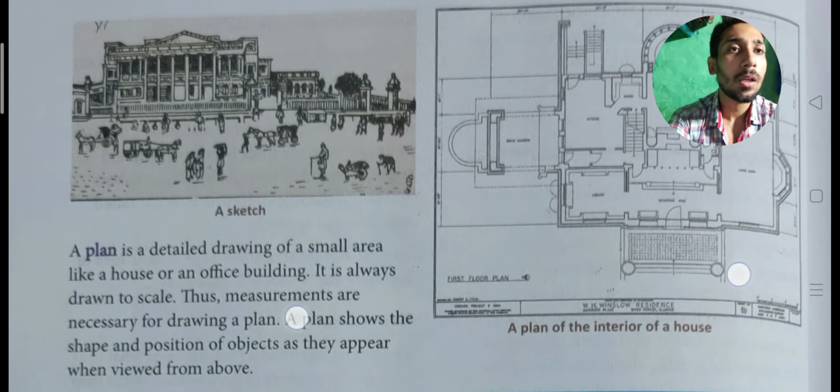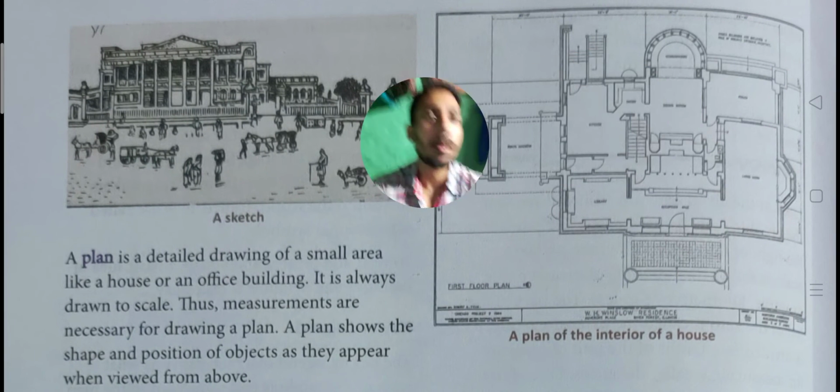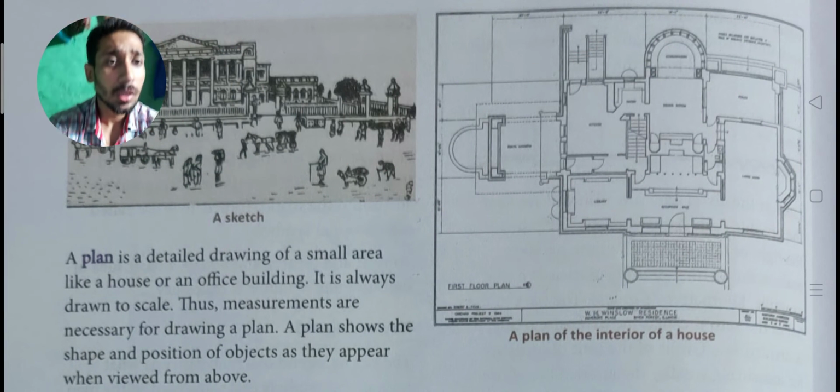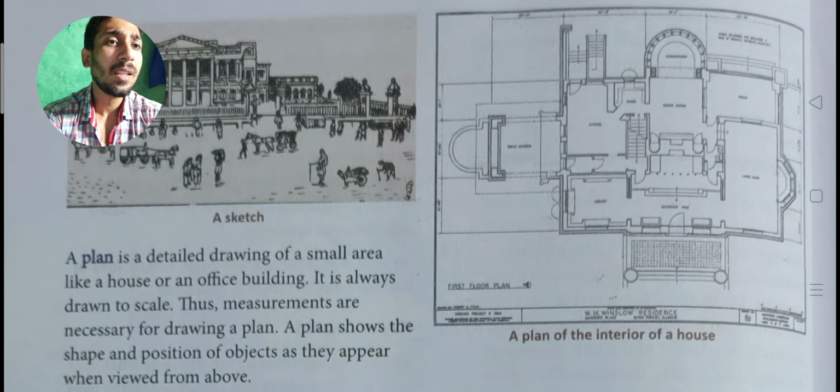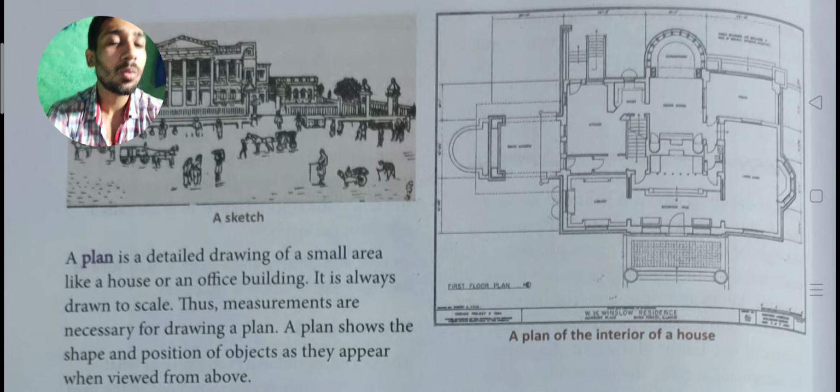But if you go for the plan, you can see the interior of a house with very great detailing. Everything is very specific in this plan. So this is the plan view from above.